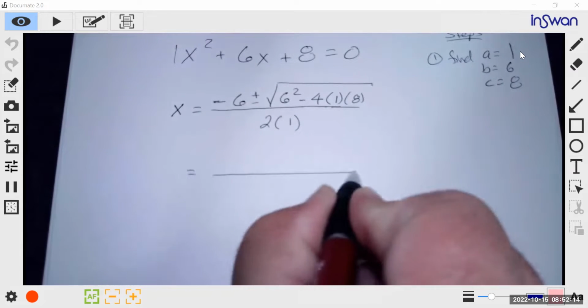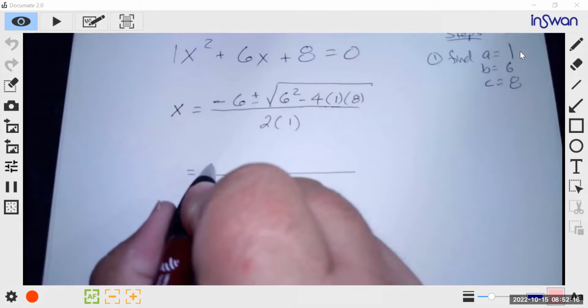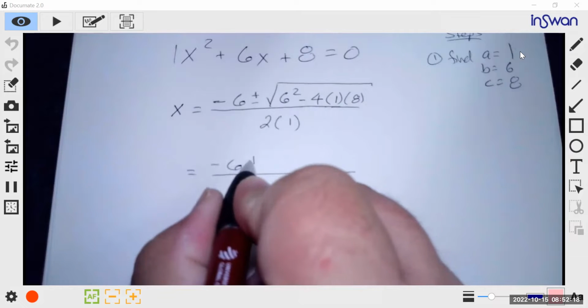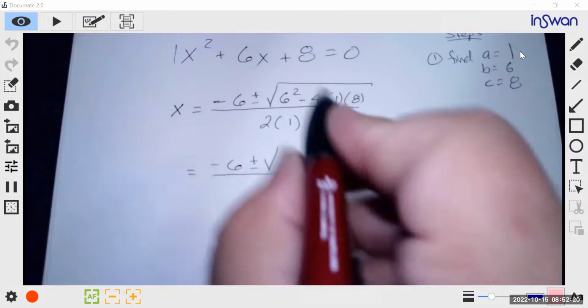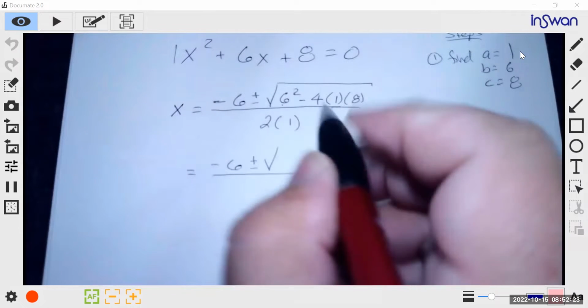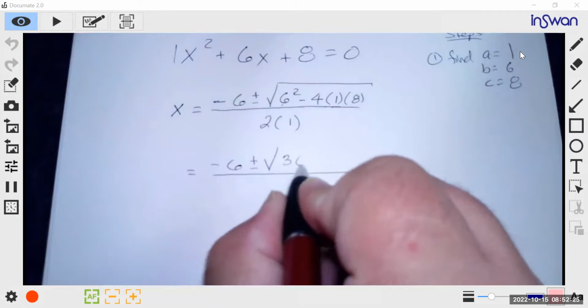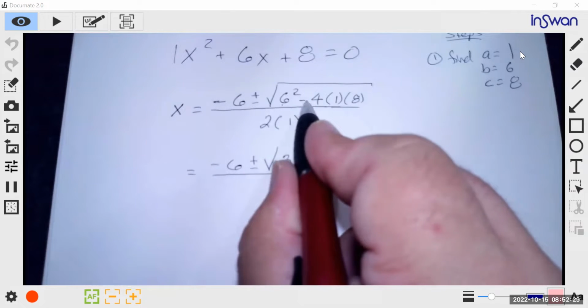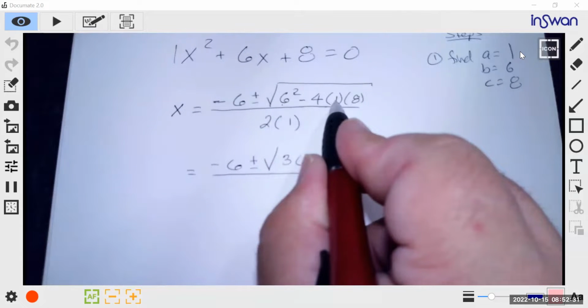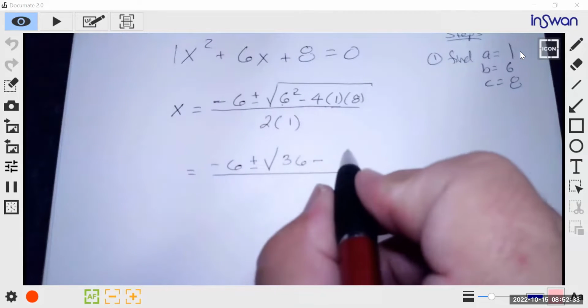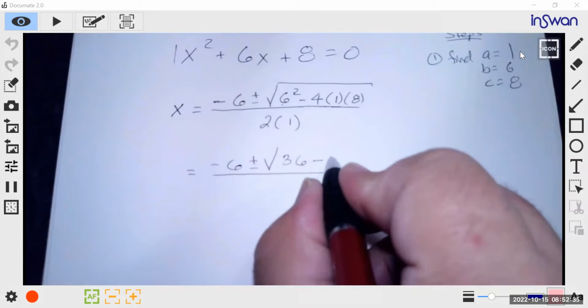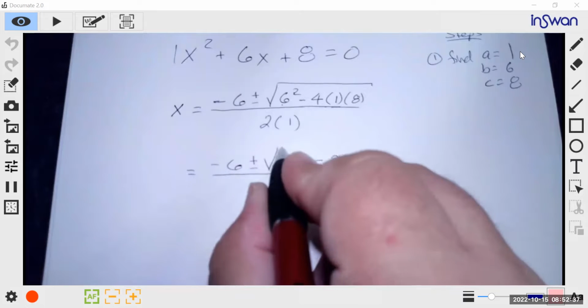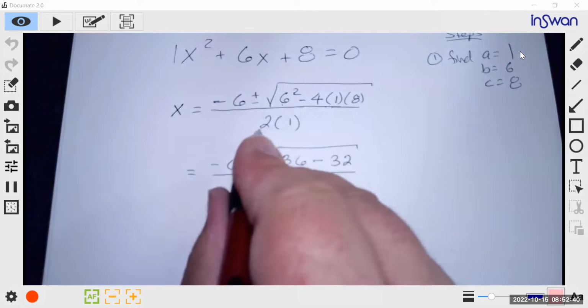Now work it out. Order of operations. Okay, that's a negative 6 in front. Can't do anything there. Inside the radical, 6 squared, 6 times 6 is 36. Negative 4 times 1 is negative 4. Negative 4 times 8 is 32, over 2 times 1.